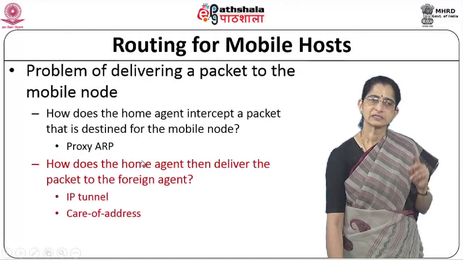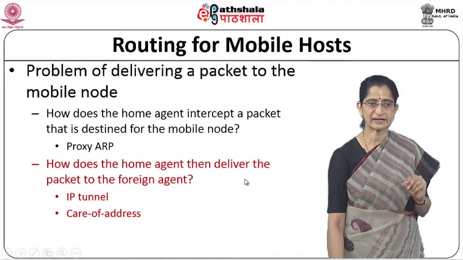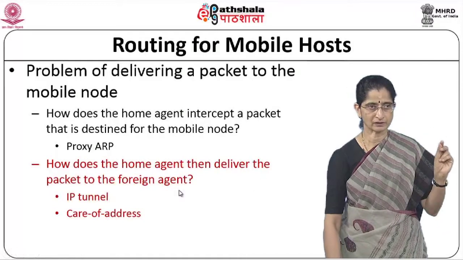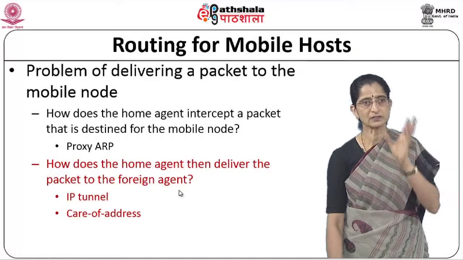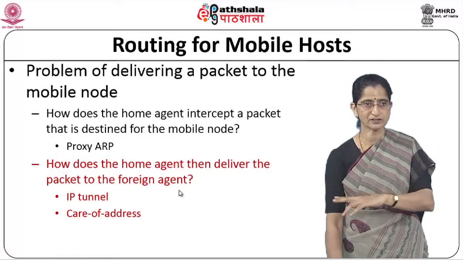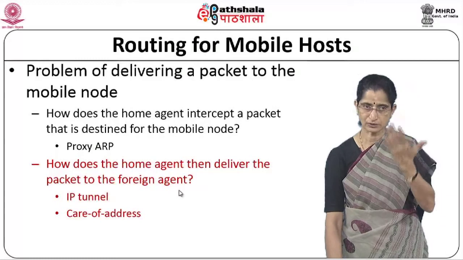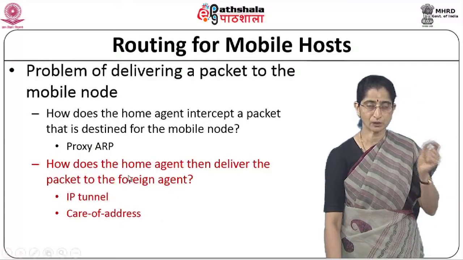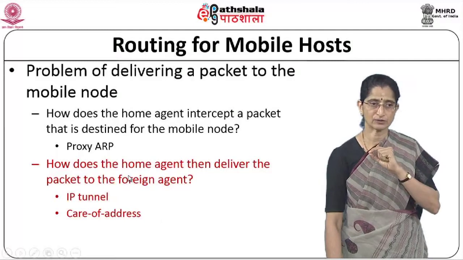Okay. The second question is, how does the home agent then deliver the packet to the foreign agent? Remember, when the mobile node is visiting another network, the packet has to be forwarded to the foreign agent, so the foreign agent can deliver it to that particular node. So how will you do that? How will the home agent send the packet to the foreign agent?